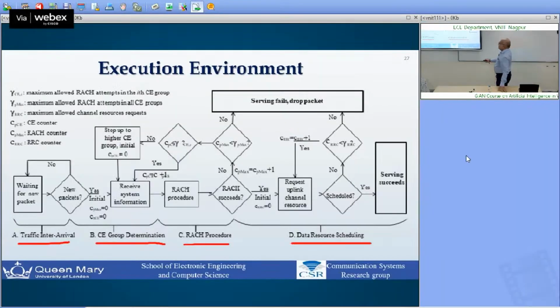So here this is the random access full procedure. Energy will be consumed for this one, this one, this one, this one. For all four procedures, energy will be consumed.